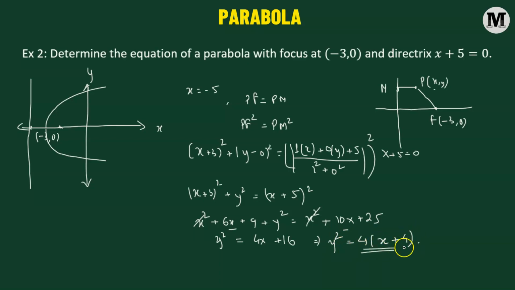So now we have the standard form y squared equals 4hx. Here we can observe that the x value is not x but x plus 4, which tells us that the x coordinate of the vertex has shifted by -4 units. So we now have the equation of the parabola given by y squared equals 4 times x plus 4, whose focus will be at the point (-3, 0), and the directrix given by x plus 5 equals 0.